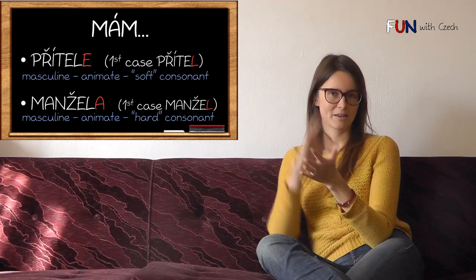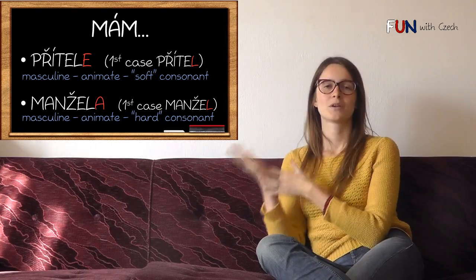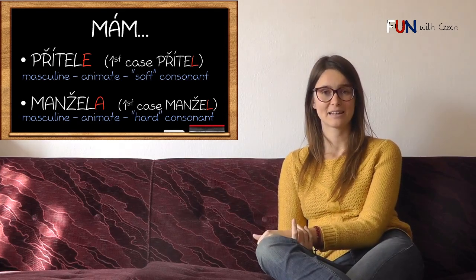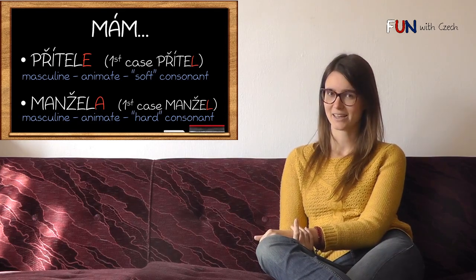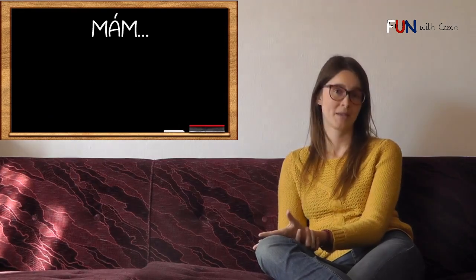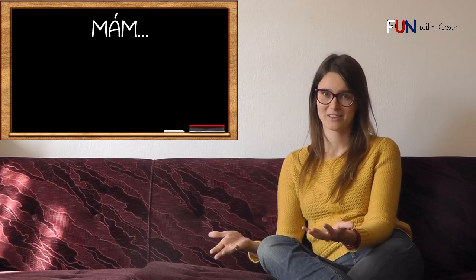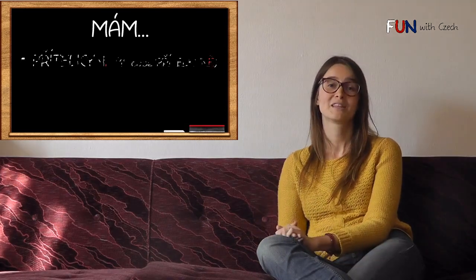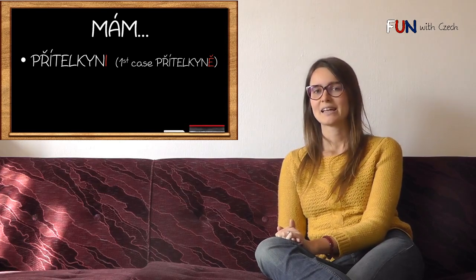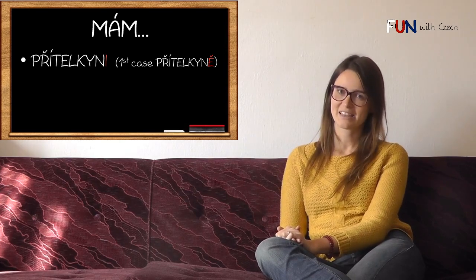Then we had a boyfriend, husband, right? So what about girlfriend and, let's say, wife? So girlfriend is přítelkyně. Now we have a new ending finally for a feminine noun, because přítelkyně is obviously a woman, so it's gonna be a feminine gender. And it's gonna be přítelkyni.